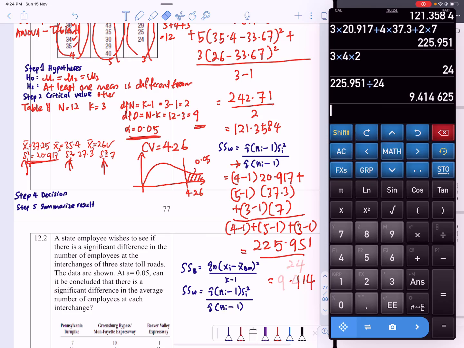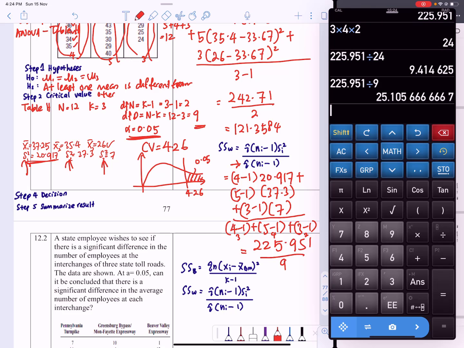Okay, here will be 3. This one is 3, this one is 4, this one is 2. Overall 9. Okay, 9. Jadi 225.951 divide by 9. Okay, we get 25.106. Okay, that is the answer for SSW.